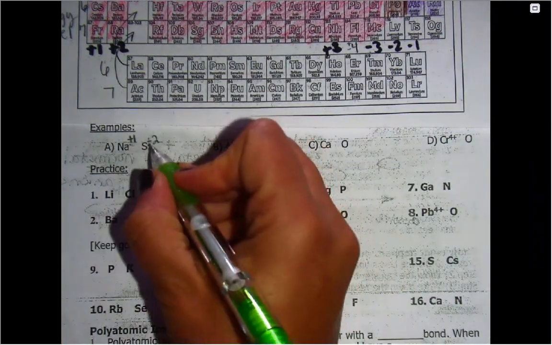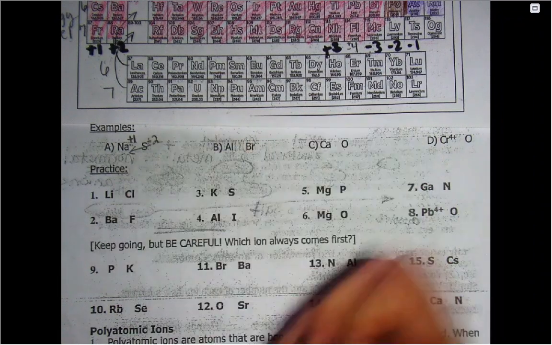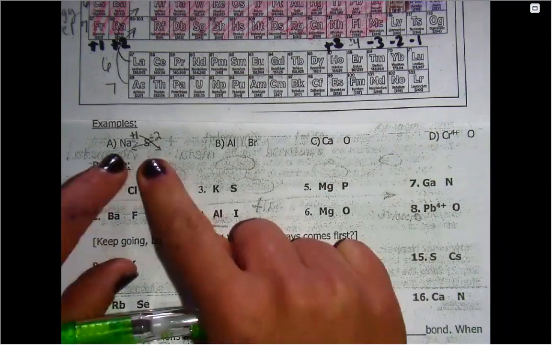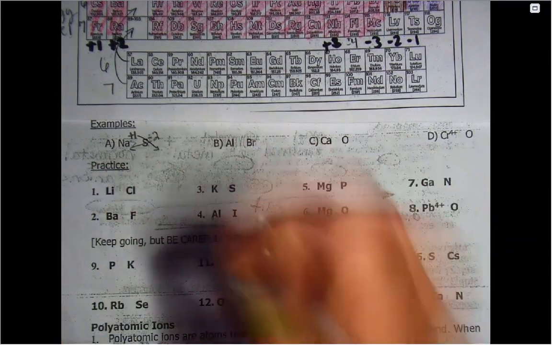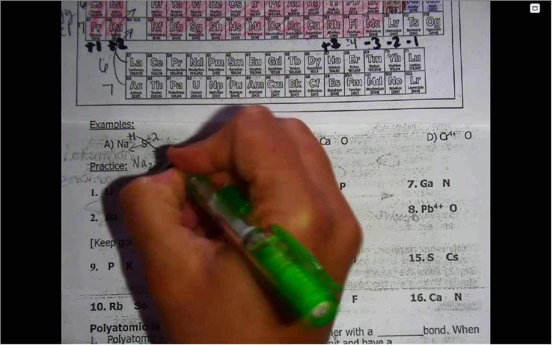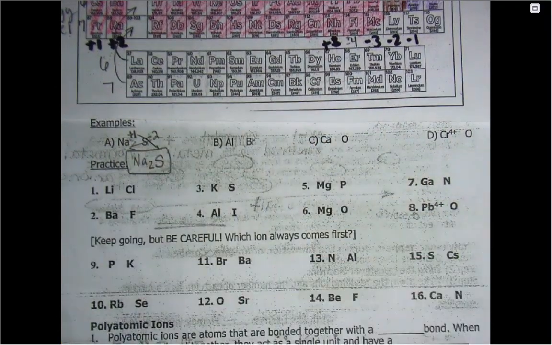So we're going to draw an arrow from that -2 down to the corner of sodium. We're going to draw an arrow from the 1 down to the corner for sulfur. And now we're going to write out our formula. We're going to end up with Na2S. A little bit easier. Definitely takes up less space, right? So this is the short crisscross. All right, let's do the next one.